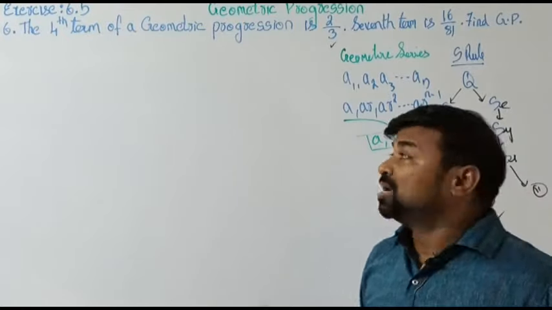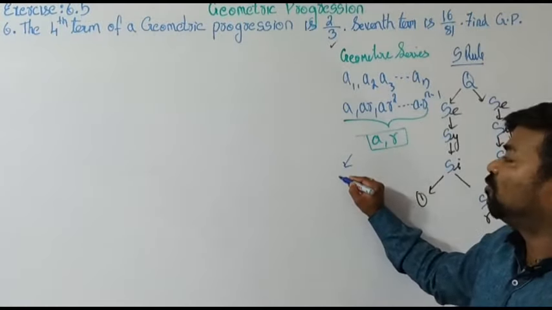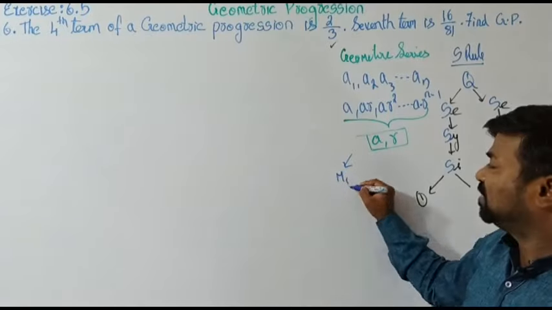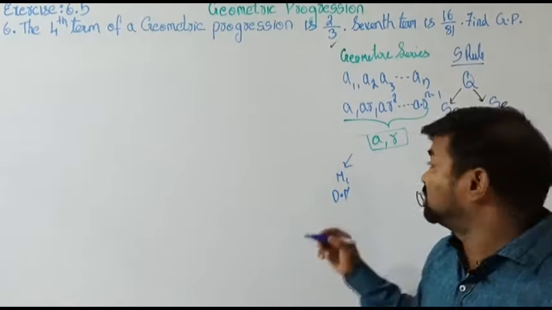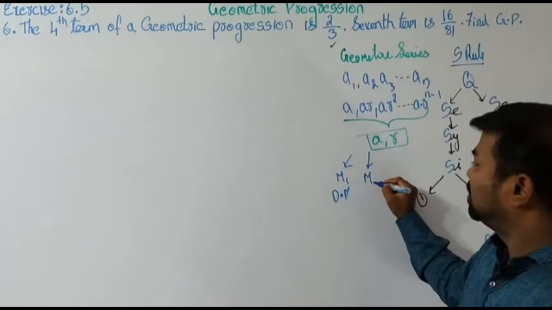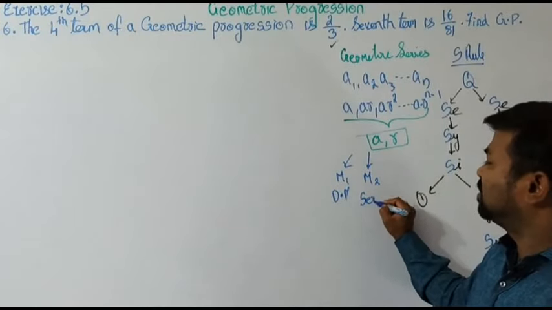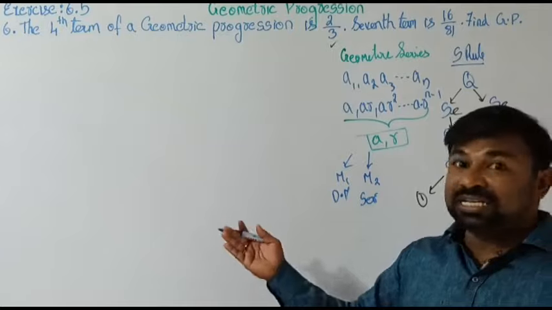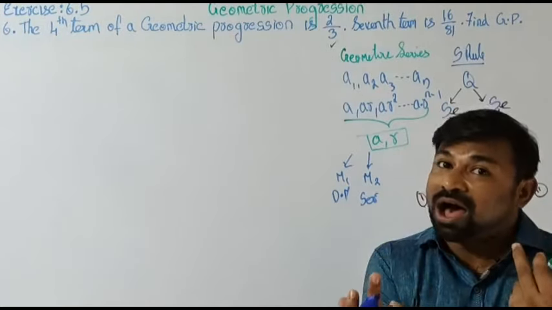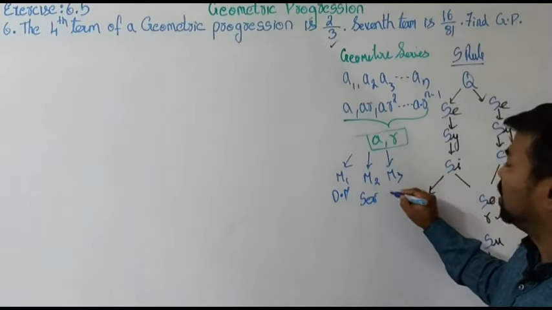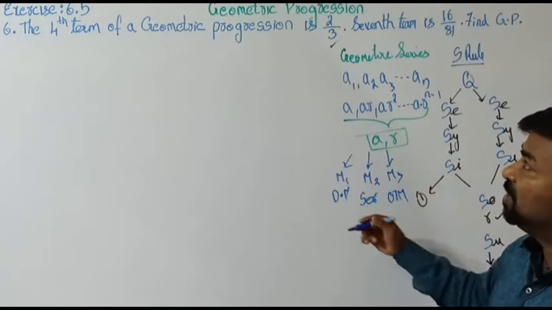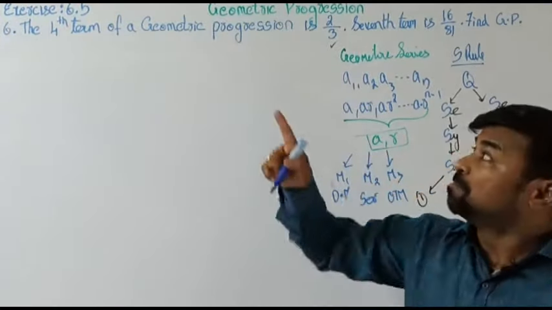I said in my earlier videos that we have four methods. The first method is the direct method, where A and R are given directly. The second method is the series method, where a series is given and you figure out A and R with the help of the series. The third method is the one-term method, where one term is given.